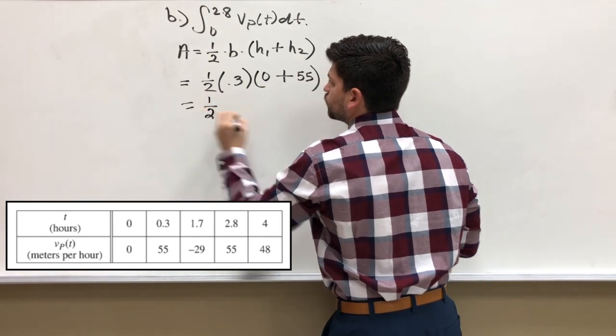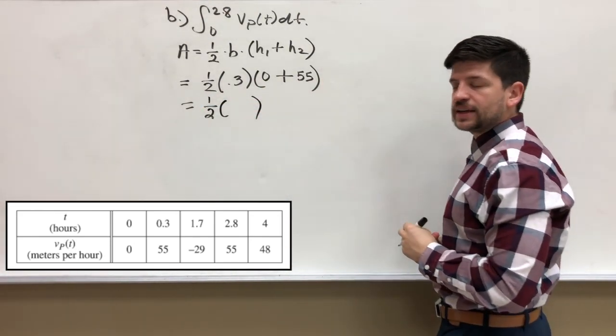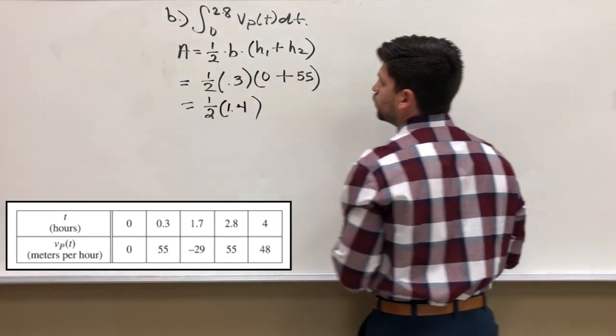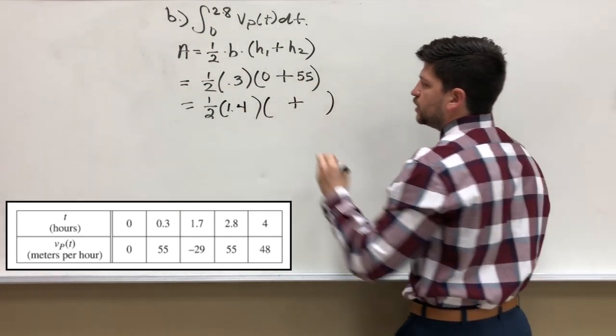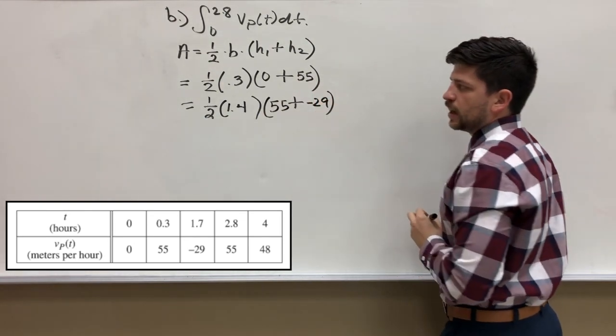So my next one, again, 1/2 is always in there. The width of my second interval, I'm going from 0.3 to 1.7, so that would be 1.4. And then I add up my y values again. So that's 55 and negative 29.